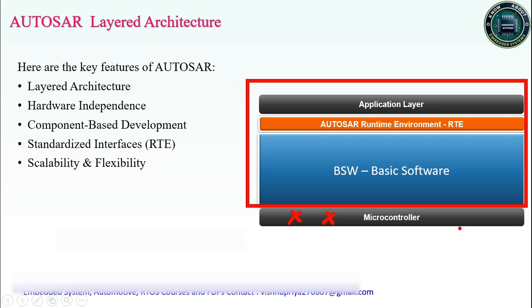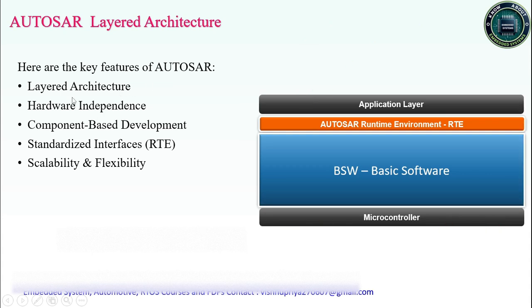There will be no dependency on your hardware. Without any dependency you can develop your program, and this software you can completely port to different applications, different vehicles, different OEMs with minimal change. This is a big advantage of your AUTOSAR. That's why AUTOSAR came into the picture.